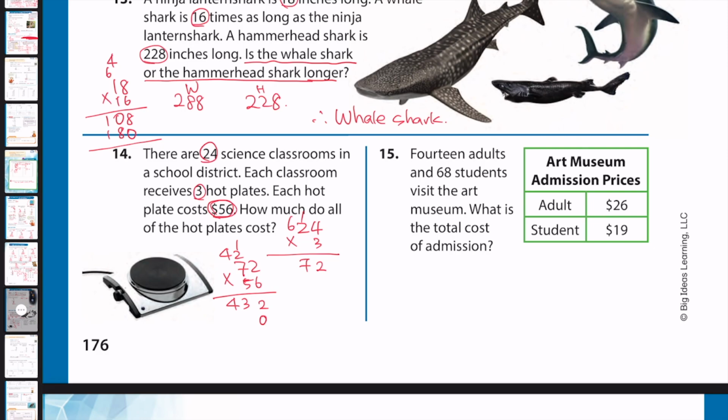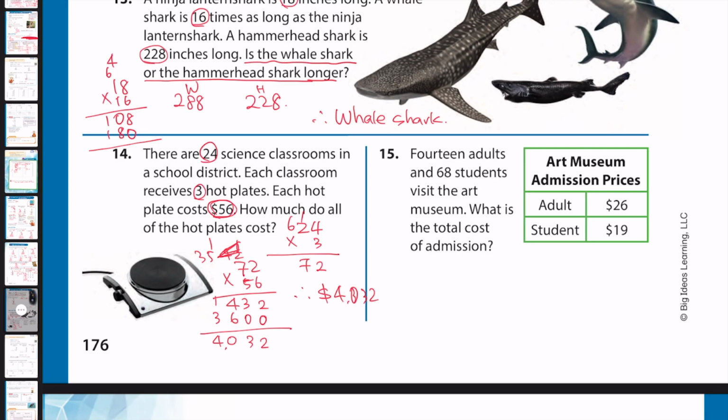And then 5 times 2 is what? 10. Carry 1 up. And then 5 times 7 is 35. It's going to be 36. Let's add them together. It's 2, 3, 10. Carry 1 up. 4,000. Okay, I'm going to put 3 dots and put $4,032.